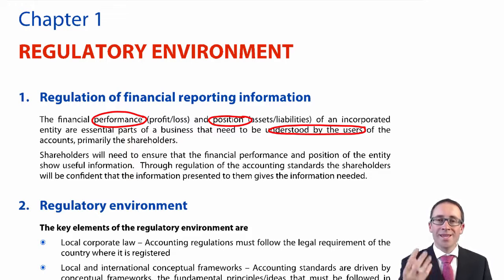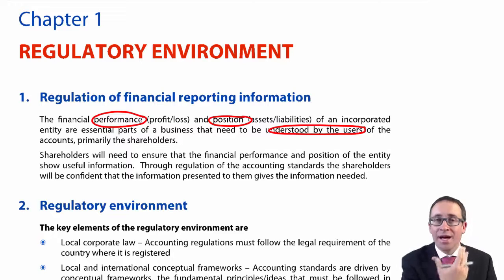The shareholders need to be able to look at the stewardship of the business, and to see that the business is being run well. What they want to see in the financial statements is what actually has happened. The performance has either improved or got worse, and they can see why. The position has improved, and why is that the case? What assets have led to an improvement in the overall position and potentially the performance?